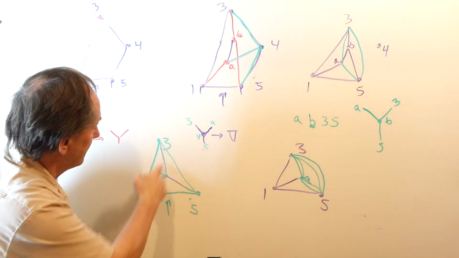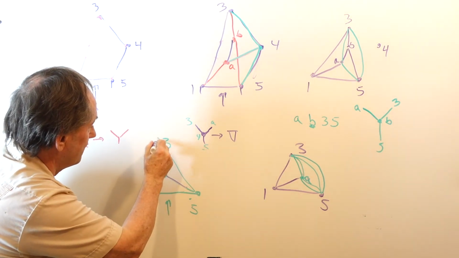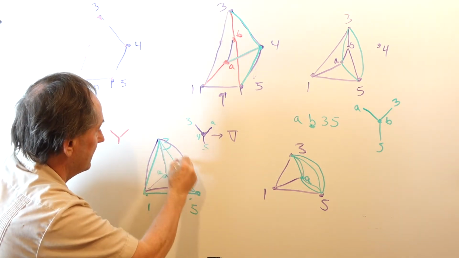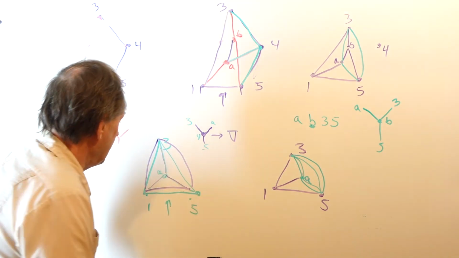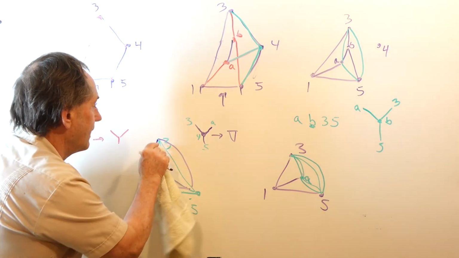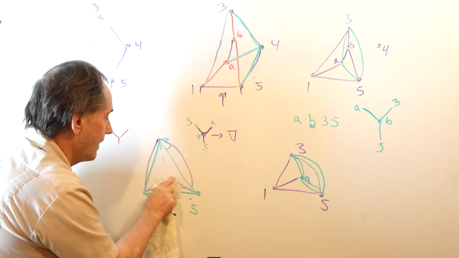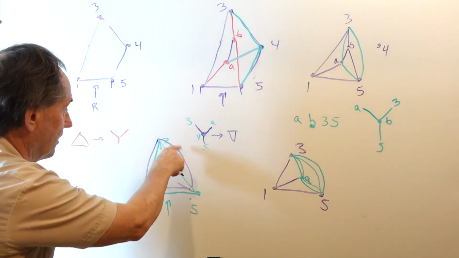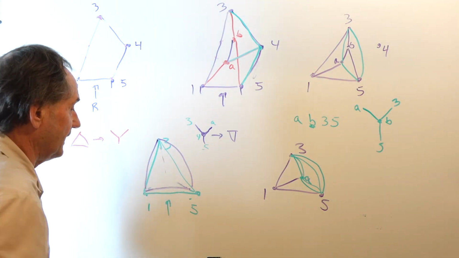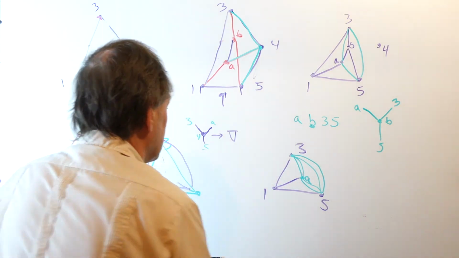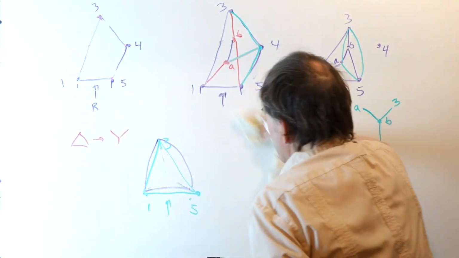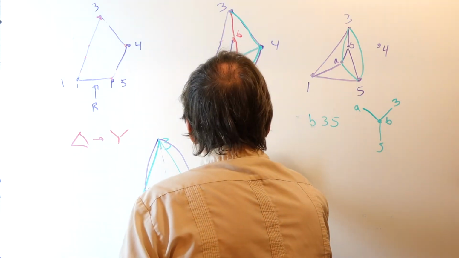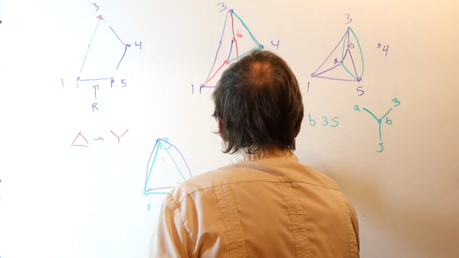This Y we replace with a delta. We go an element here, an element here, and an element here, and we eliminate the Y. So now we have three parallel combinations. So I can take this now and write it node 3, node 1, node 5.